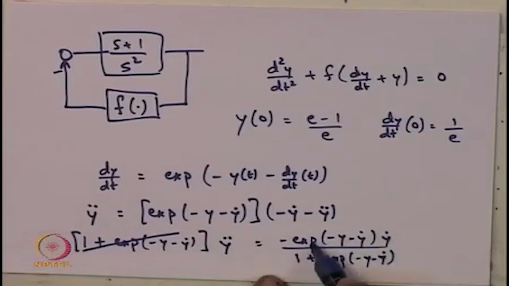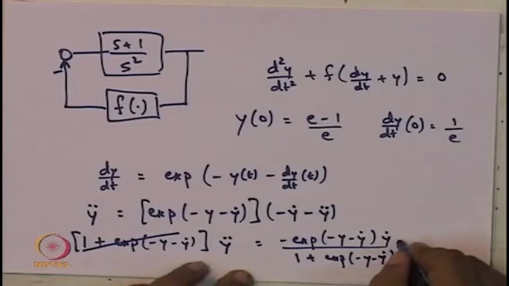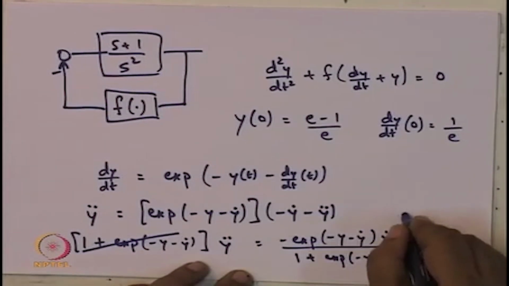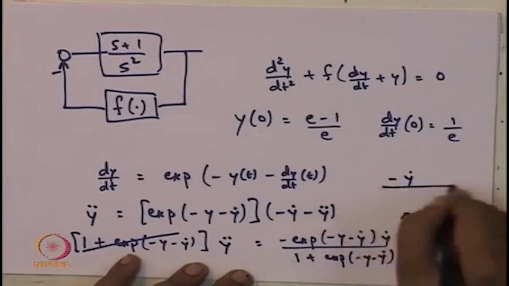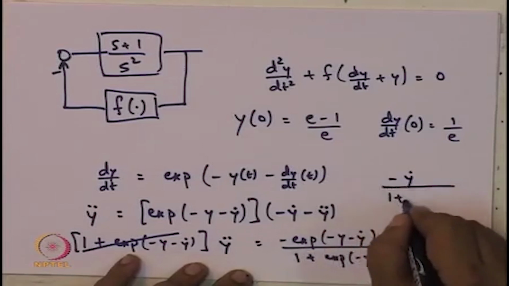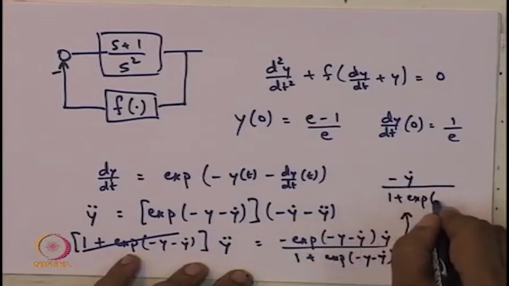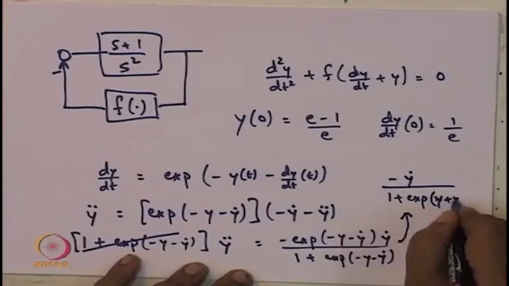But now, if you think about this, exponential of some negative quantity is 1 upon exponential of the positive quantity. So, if I simplify this, I will end up with minus y dot upon 1 plus exponential minus y plus y dot.